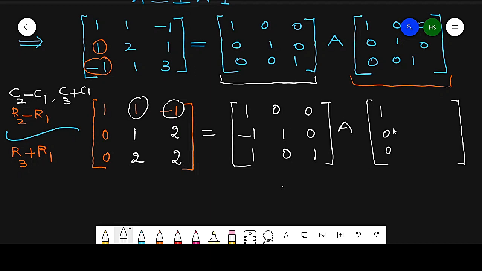So this will become a 0, this term will be 0, this term will be 0. And here it is C2 minus C1, so this is minus 1, 1 and 0. In the last term, which is a plus, this is 1 0 and 1.